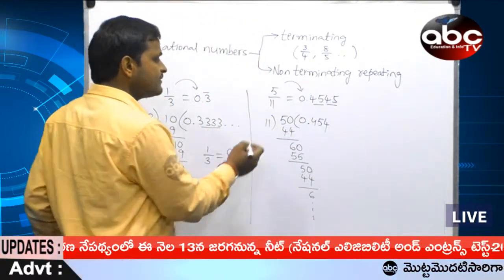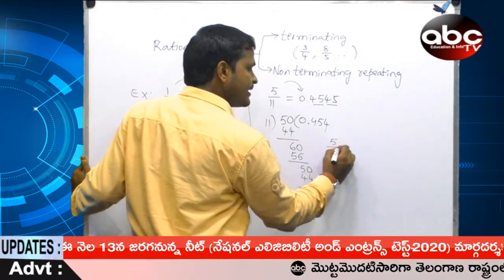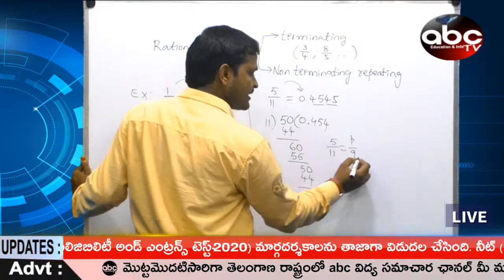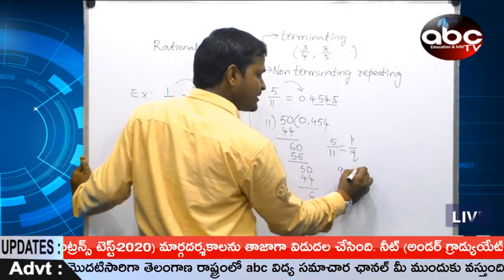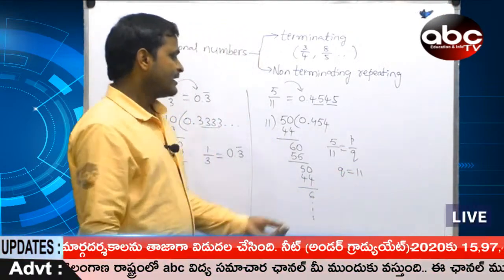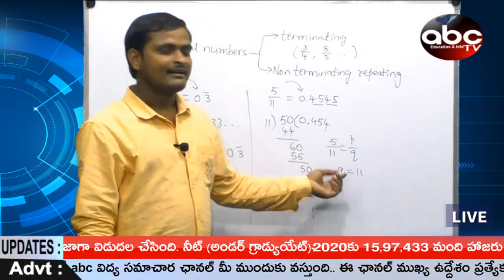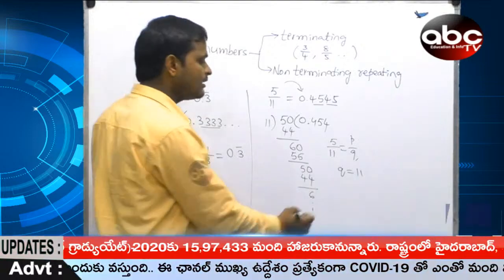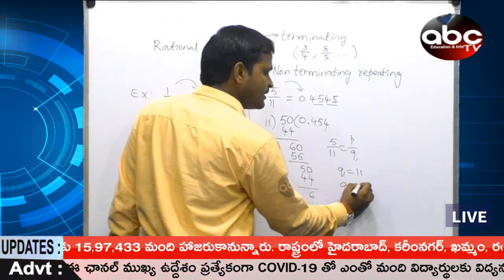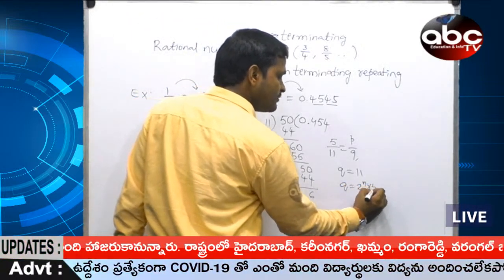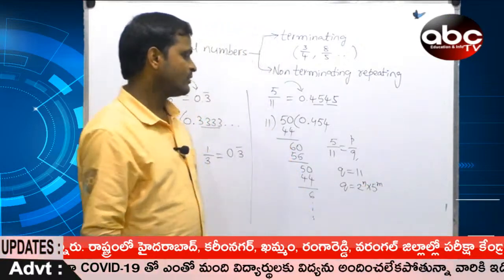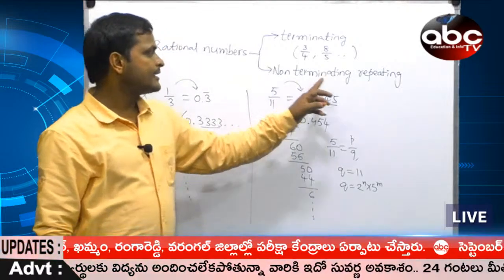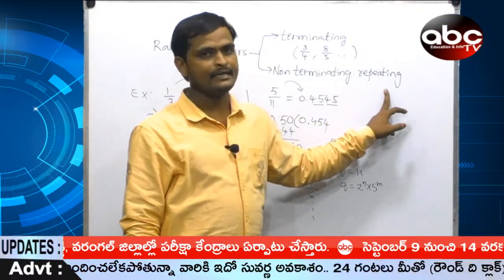Then observe here, 5 by 11 is in p by q form. What is q here? q is equal to 11. Notice, students, we cannot express it in the form q equal to 2 power n into 5 power m. Therefore 5 by 11 is a non-terminating repeating decimal.